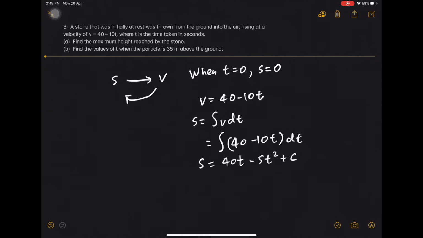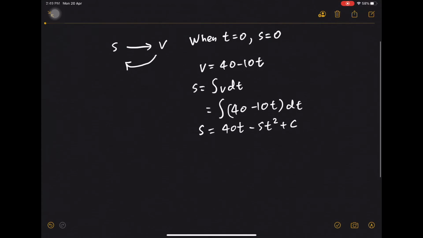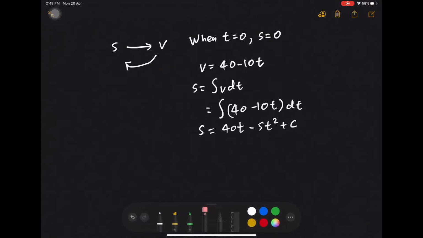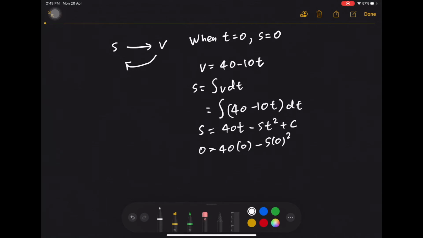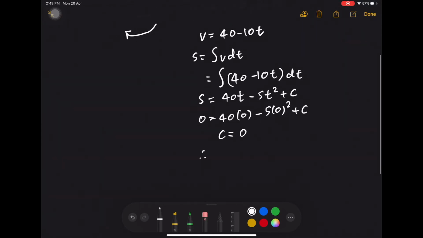The constant can be found at the start. So we're going to substitute this inside. T equal to 0, displacement is equal to 0. We're going to find what is C, and if you solve this, you get your constant to be 0. This means that my displacement equation is 40t minus 5t squared.